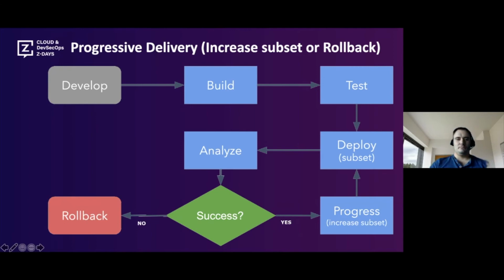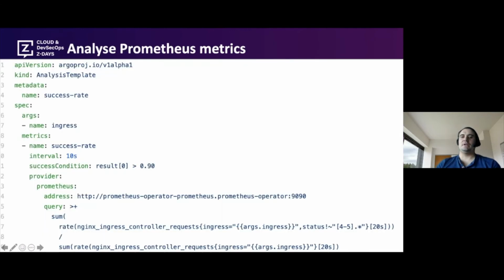And Argo CD supports such functionality. You could create analysis template. In this analysis template, you could use your Prometheus and metrics to make a decision, continue or roll back your Canary deployment.